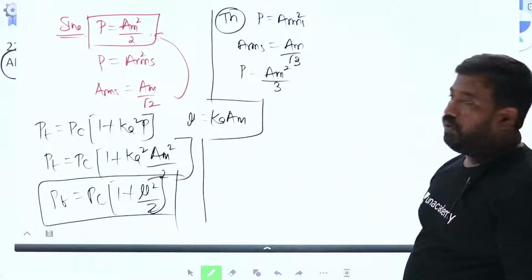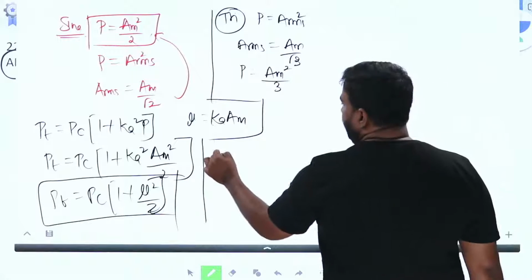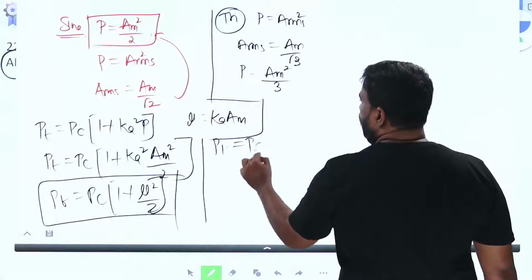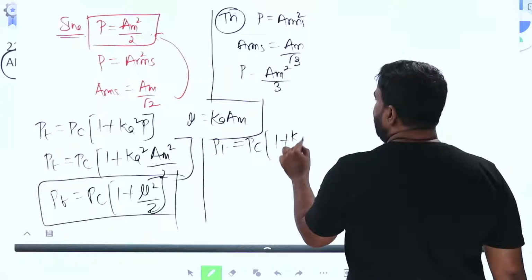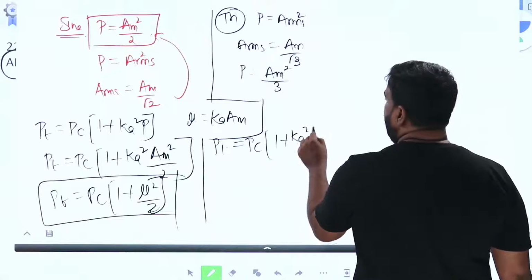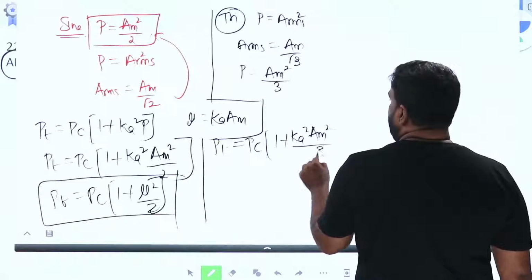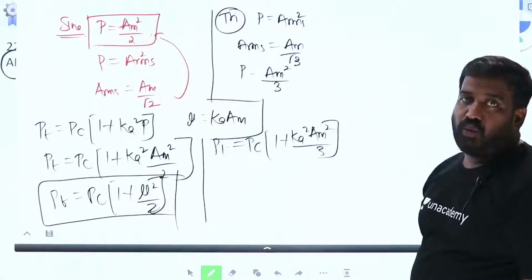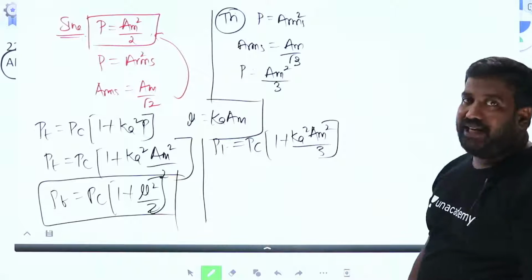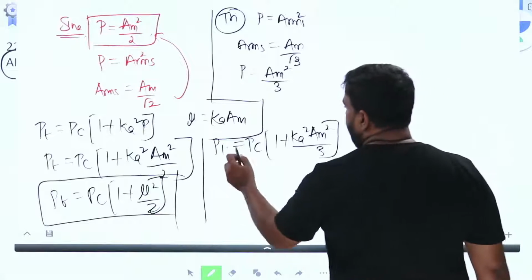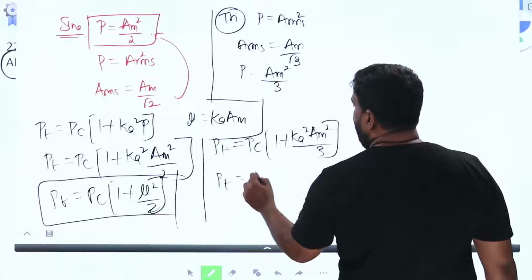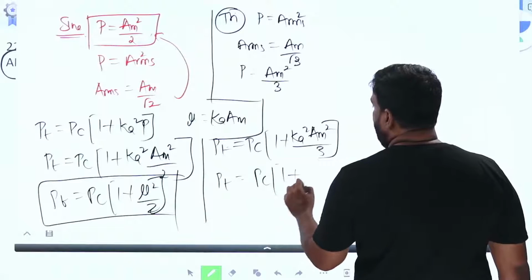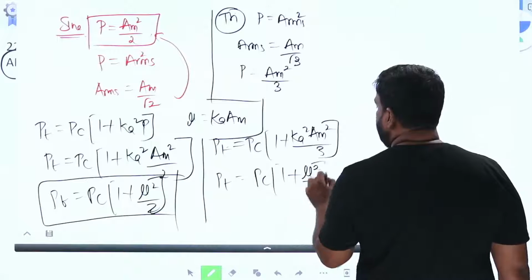Substituting, you get the total power as PT is equal to PC into 1 plus Ka square, P I am substituting directly, Am square by 3. Ka square Am square, as you know, is mu square. Mu is Ka into Am. Therefore, total power for triangular input is PC into 1 plus mu square by 3.